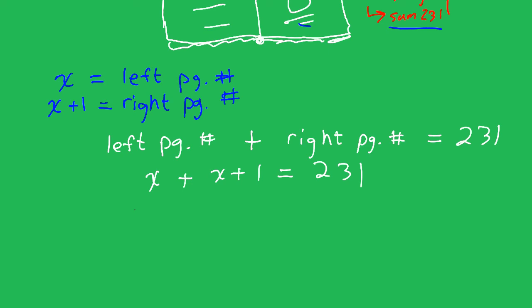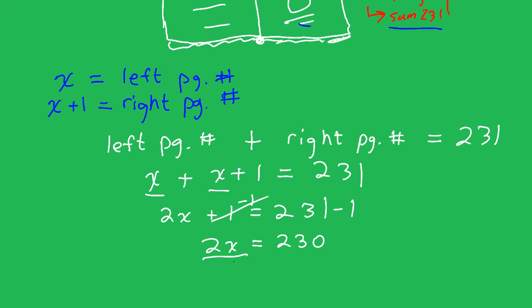So first we need to combine like terms, x and x. It's going to give us 2x plus 1 equals 231. Remember, we're trying to isolate the variable x. Subtract 1 from both sides next. So that gives us 2x equals 231 minus 1, which is 230.